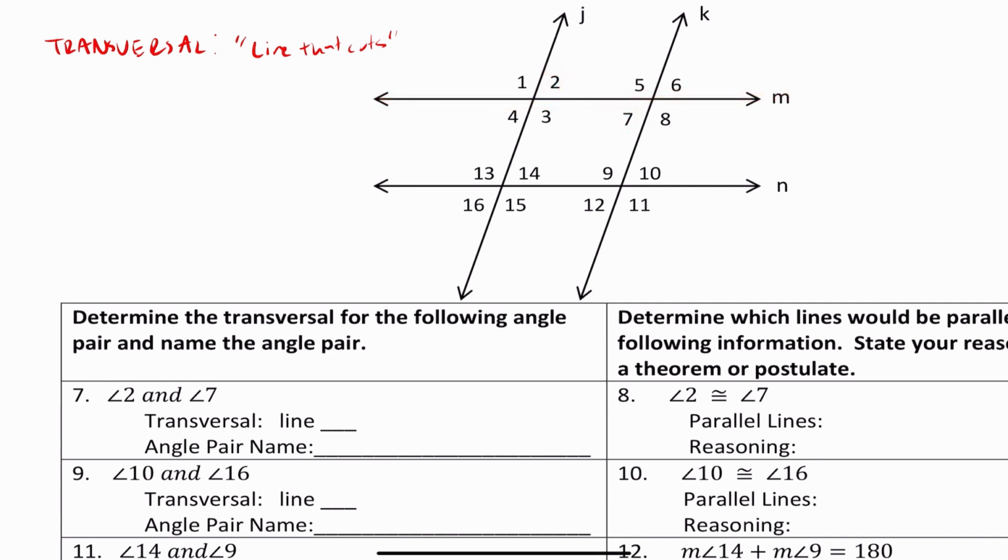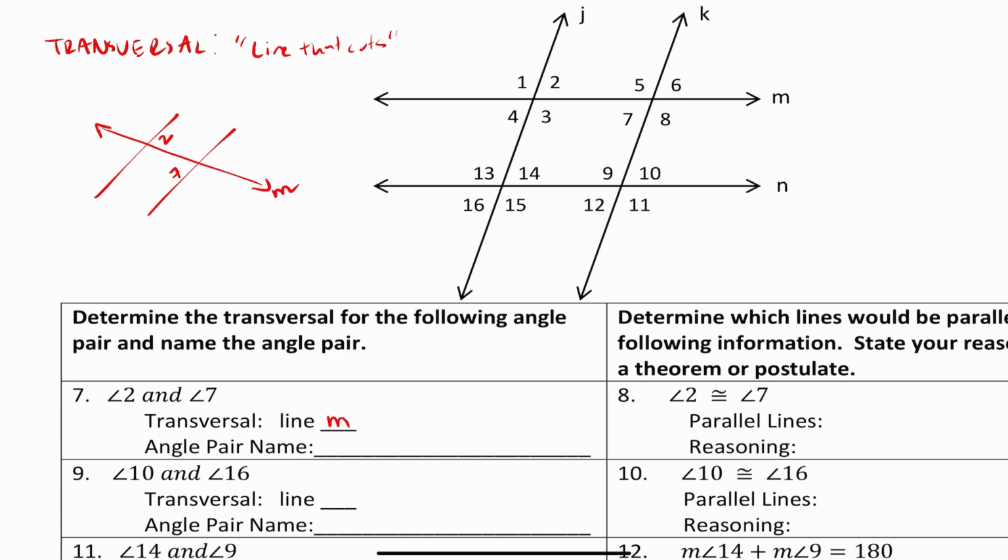Okay, so if I were to draw the picture, 2 is part of this line and 7 is part of that line. The transversal in this case is line M. So then here's 2 and then here is 7. They both share the line M. So then the transversal is line M.